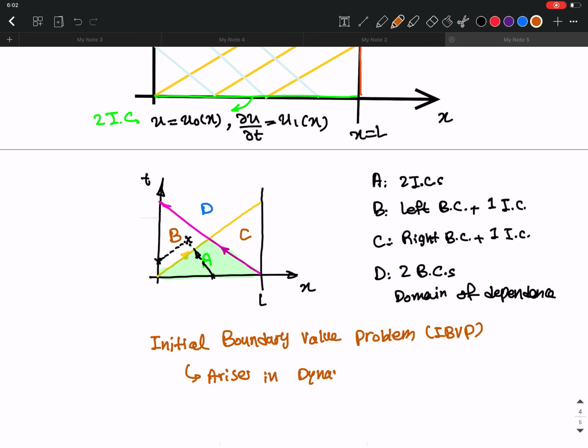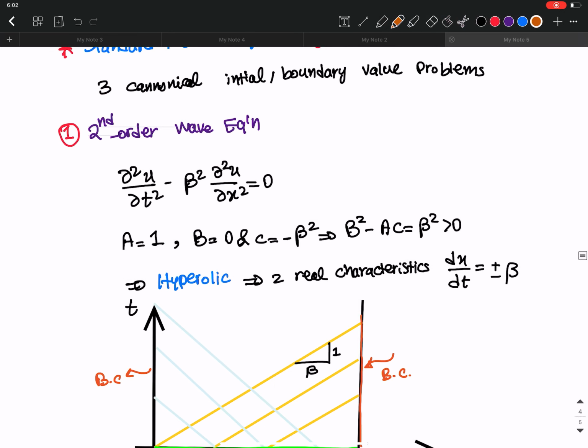When you have a system that is dynamic. For example, waves and vibration, right? These dynamic problems, this is where this problem arises, second order wave equation.